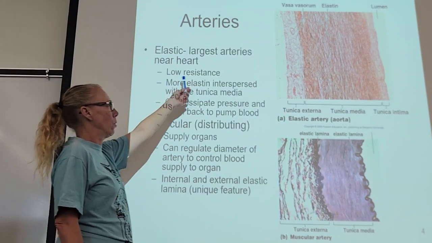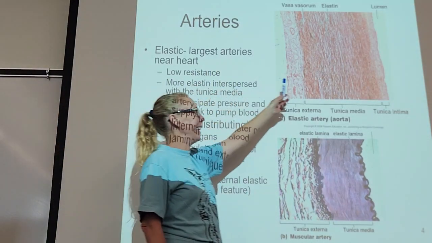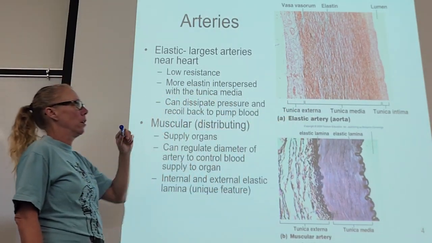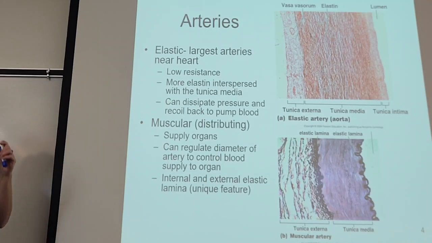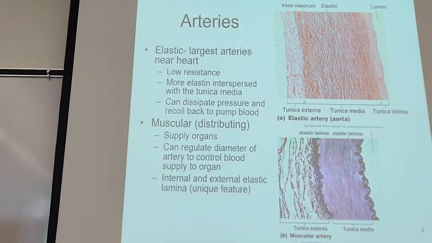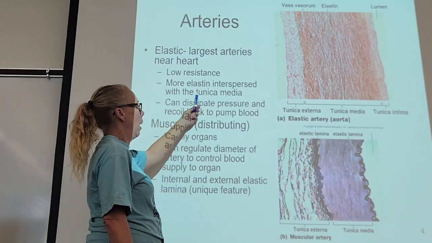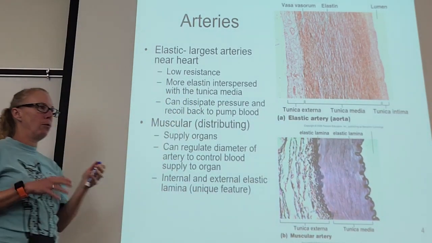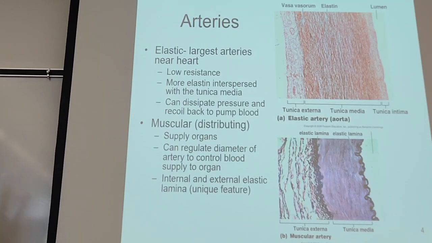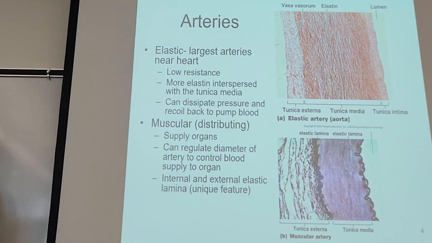So the difference between elastic and muscular arteries is that elastic arteries have elastic fibers throughout their tunics. So all three tunics have elastic fibers in them, okay? There's even more in the tunica media, okay? And what that does is that allows for those large arteries to accept the tremendous amount of pressure of blood that's being pumped into them from the ventricles.